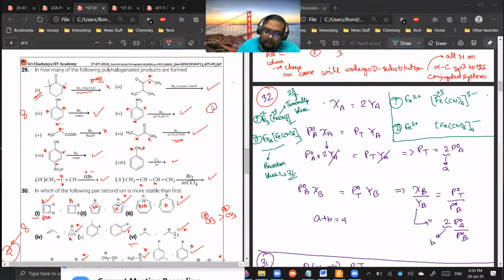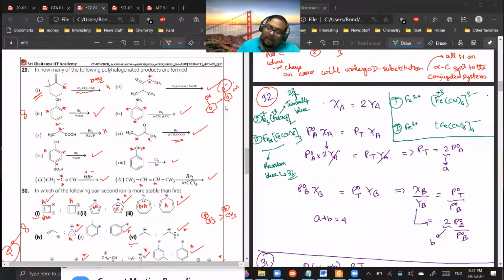If you remember, in a polar medium, phenols get dissociated to O- and H+. This is highly activating, which is why it undergoes bromination at all three positions. But in a non-polar medium, this dissociation won't be that much, so phenol won't be that much activated. So the activation of phenol towards EAS is a solvent-dependent phenomenon.